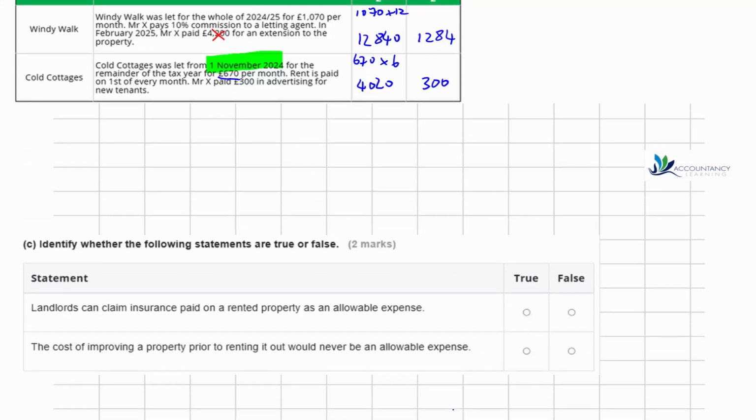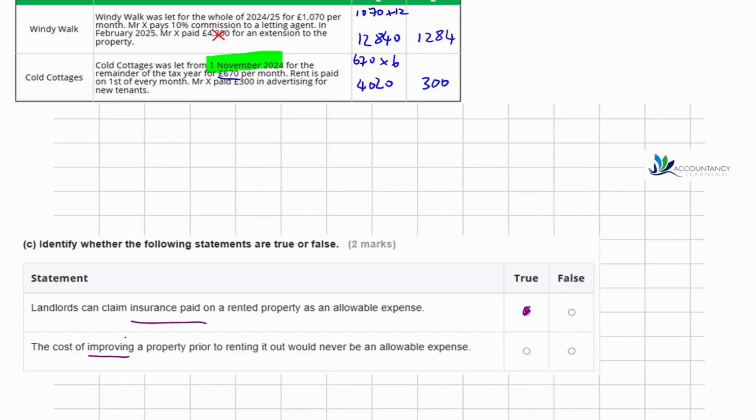And then finally, we need to identify whether these following statements are true or false. So landlords can claim insurance paid on rented property as allowable expense. So yes, that's true. That's just a day-to-day expense. That's perfectly fine. And then the cost of improving a property prior to renting it out would never be an allowable expense.